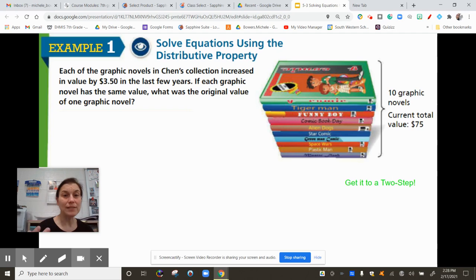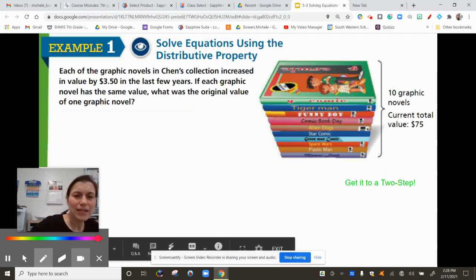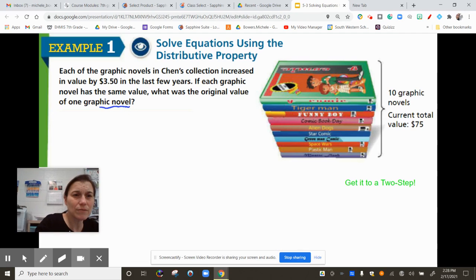So let's start with, what is the unknown? What don't we know? Usually, if they give me a question mark, I should be able to work my way back to the question mark and find the question word. It says, what was the original value of one graphic novel? So I'm trying to find the value of one graphic novel.